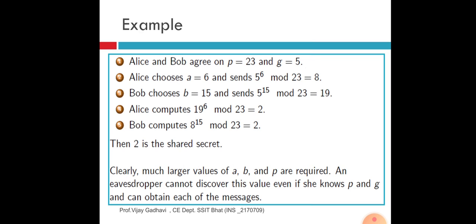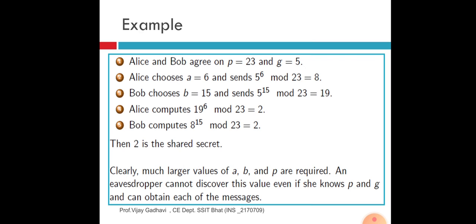Alice chooses a equal to 6 and sends 5 raised to 6 mod 23, which is equal to 8. Same for Bob, the value of b is equal to 15, and he sends 5 raised to 15 mod 23, which is equal to 19.